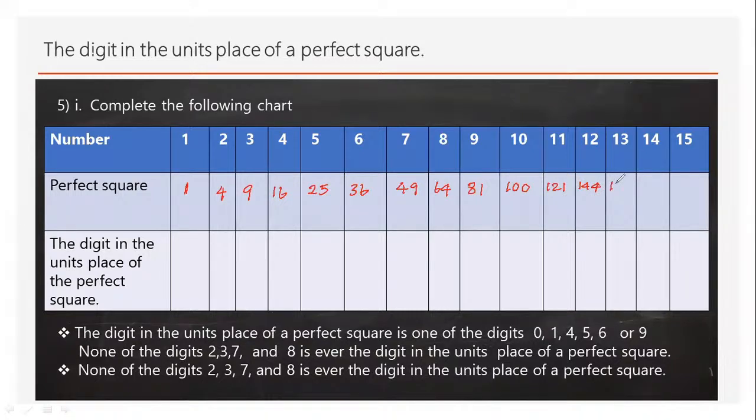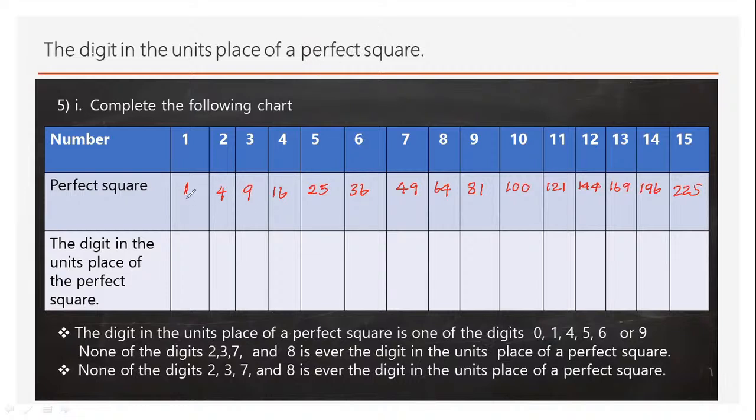13 times 13 is 169. 14 times 14 is 196. 15 times 15 is 225. Then the digit in the unit place of the perfect square. Now look at the unit digit place.